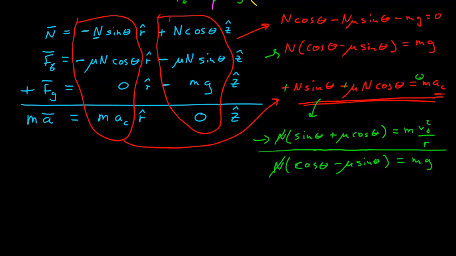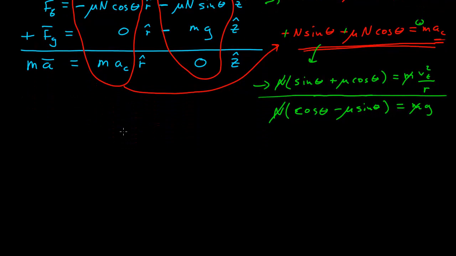The n's cancel, the m's cancel, and I get sine theta plus mu cosine theta divided by cosine theta minus mu sine theta is equal to v t squared over g r. Should I write that out? Sure.